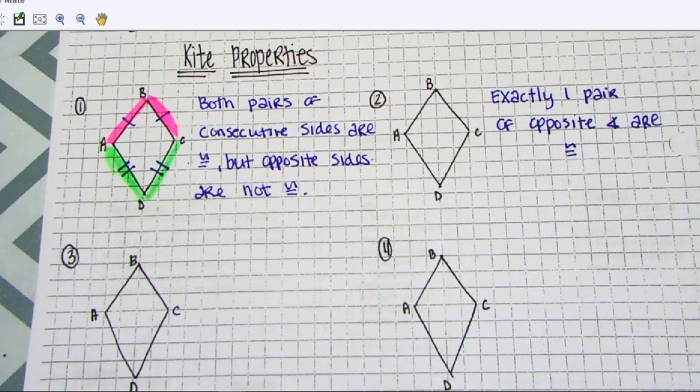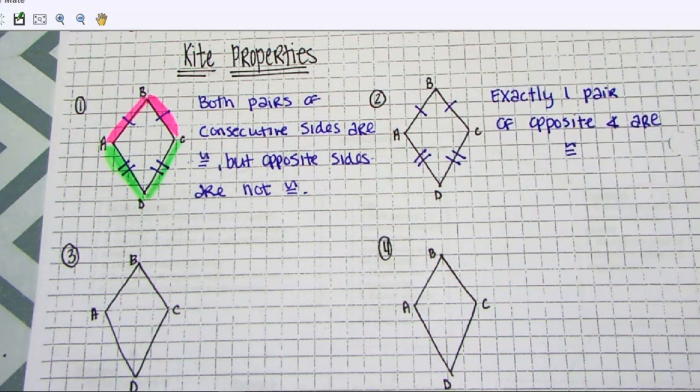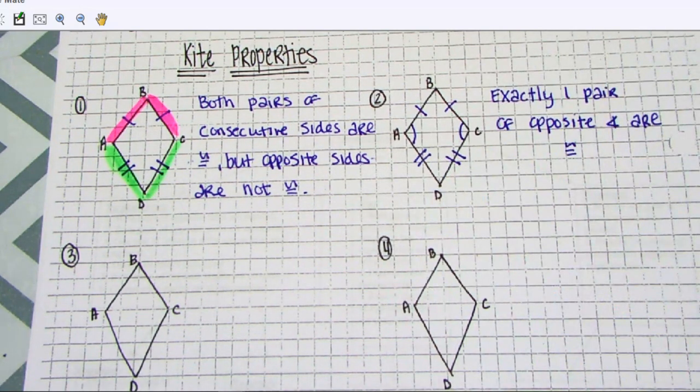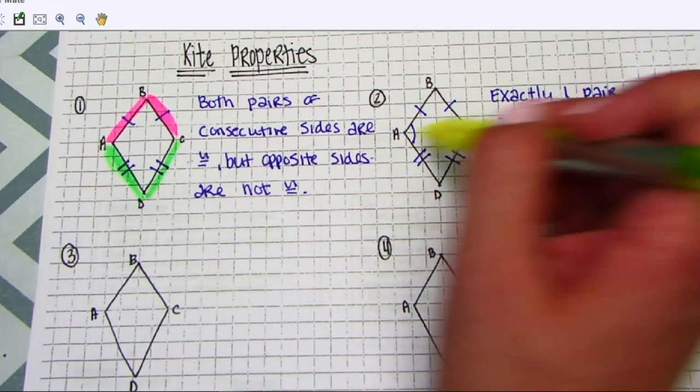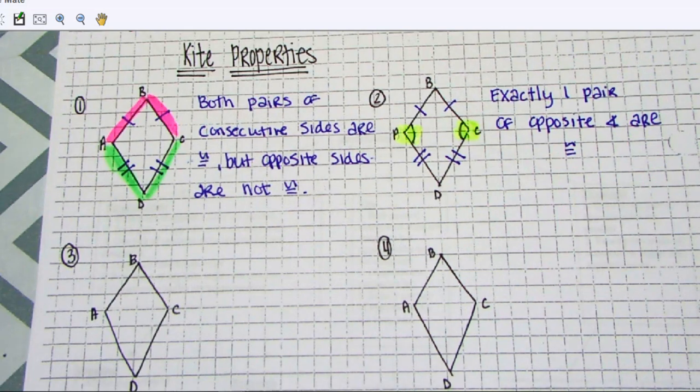So again, the top and the bottom are the same, the 2 on the top and the 2 on the bottom. The angles that are equal are between those 2 sides, like angle A and angle C. So where the sides of the kite are equal, where those meet, those angles will always be the same.